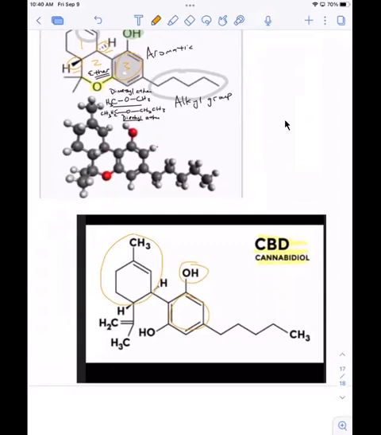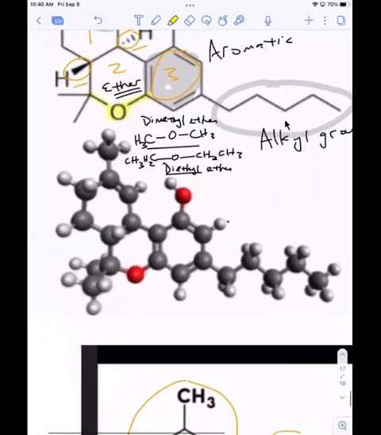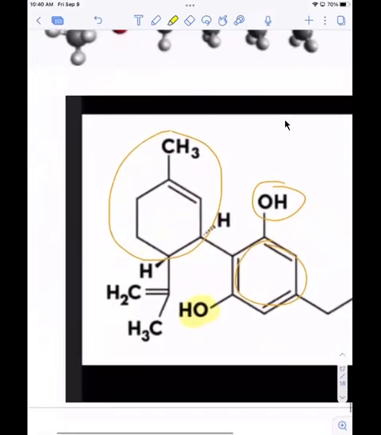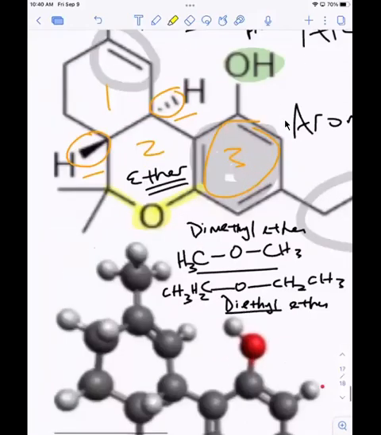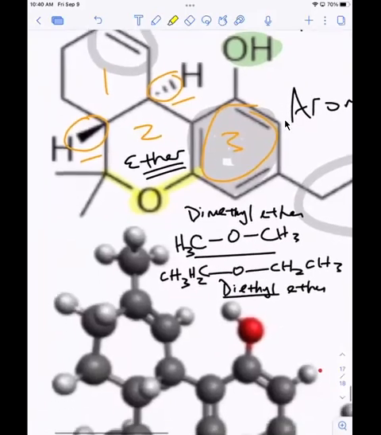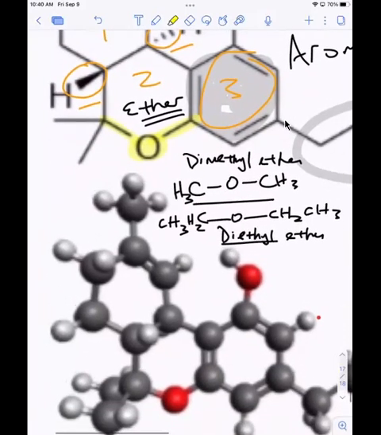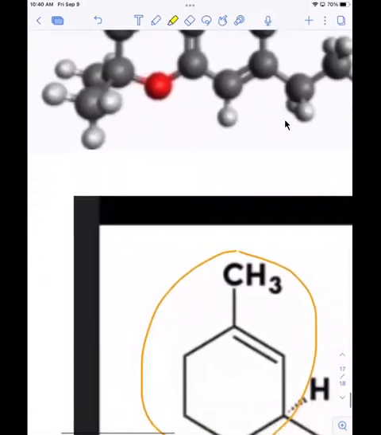It's got another alcohol. Good. I heard somebody say something about the ether too. The ether is broken, isn't it? Yes. It's like the ring where the ether is up here got popped open, and now that oxygen became an OH group. And then the 2 methyl groups that were here, we didn't really talk about them. One of those methyl groups, it looks like that was some type of elimination to put a double bond there.